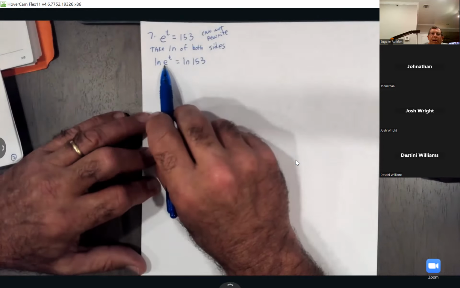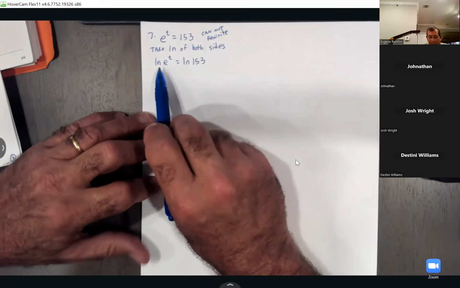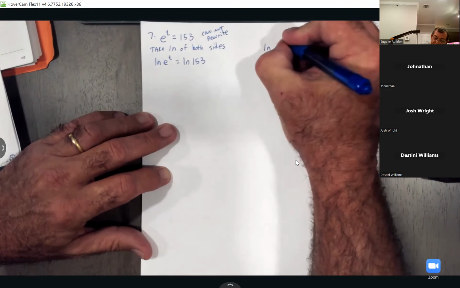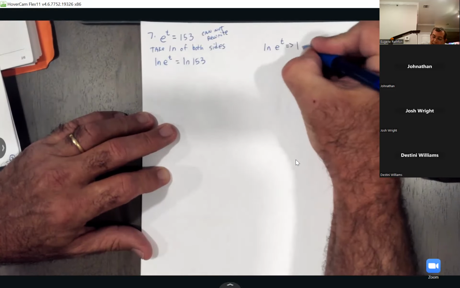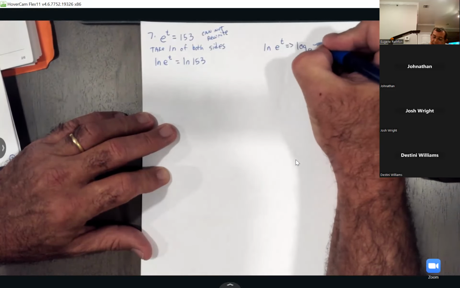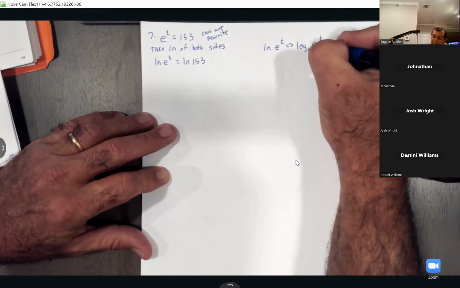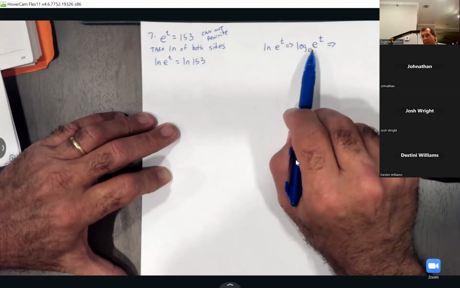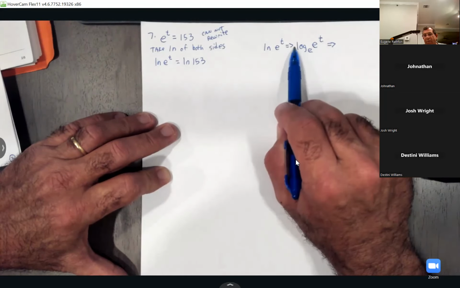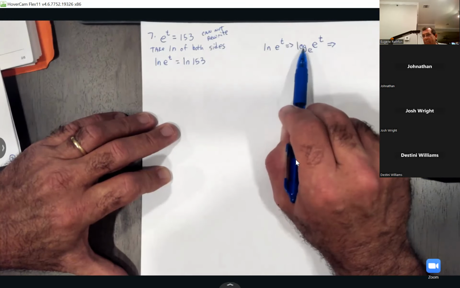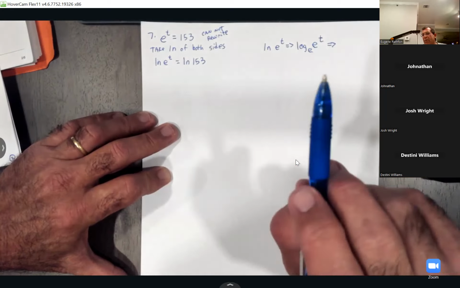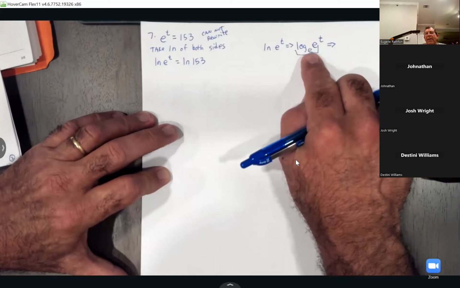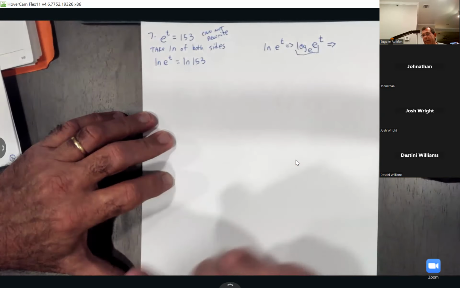Now, y'all, at this point, I'm going to alert y'all to something. Remember, this ln of E to the T is really a log base E of E to the T. What happens here, if you pull that T down to the front, you get T times log base E of E. So my question to y'all, what does this log base E of E equal in the long run?